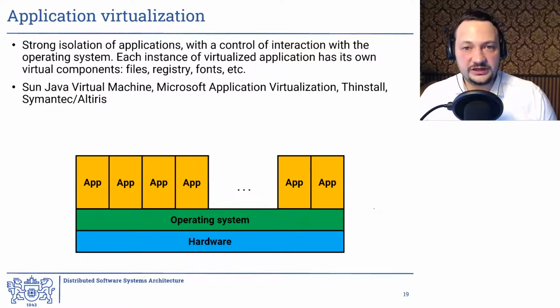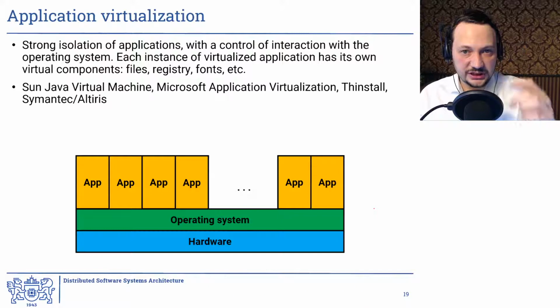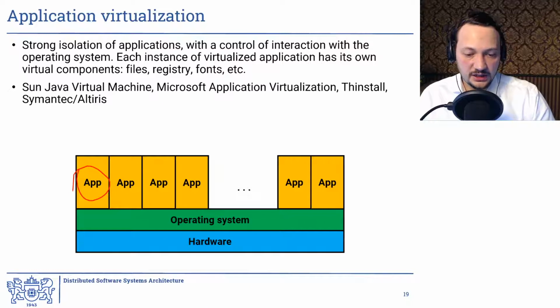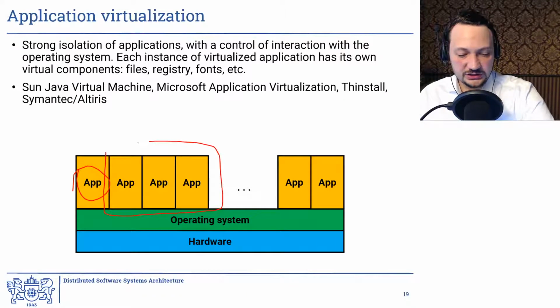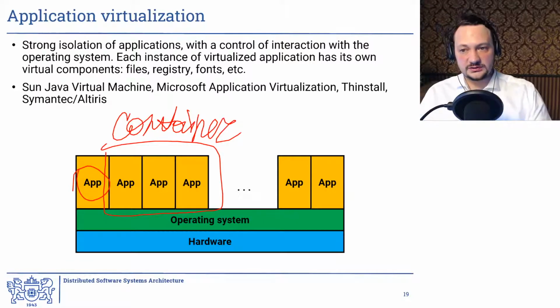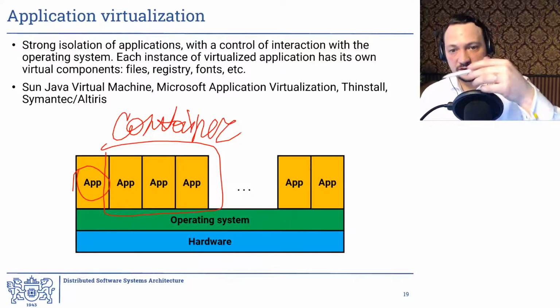When you launch your application in iOS, it also launches a small container to store this application. The difference between application virtualization and containers is that with application virtualization, one container can hold only one application. When we are talking about containerization, like Docker or LXC, we can have different applications in one container. So that is the difference between application virtualization and containerization.